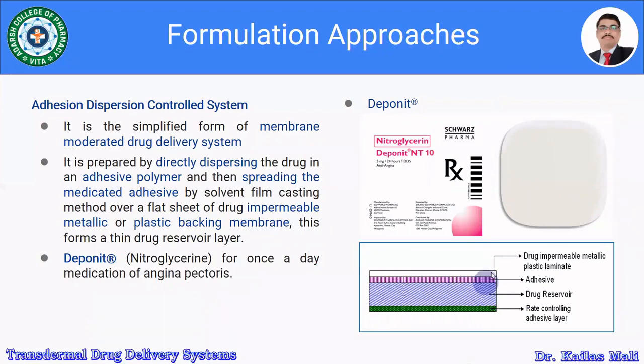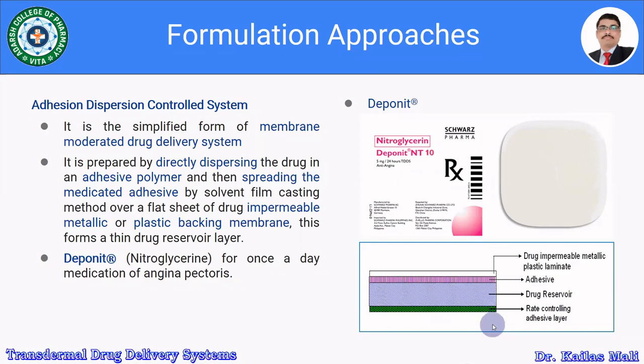So here it's a drug impermeable metallic plastic membrane laminate, isn't it? This is the adhesive layer. This is the drug reservoir, and here it's a rate controlling adhesive layer, and below that there is a release liner.